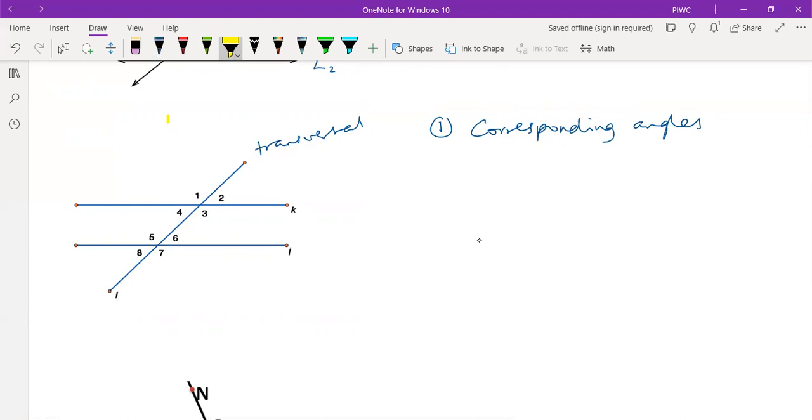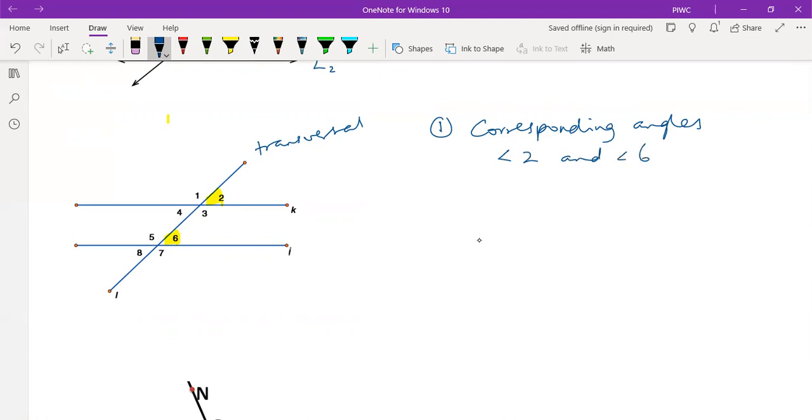If I take angle number 2, and if you look at angle 6, they're in similar positions. So we refer to them as corresponding angles, all right? So let's give an example, angles 2 and 6, corresponding angles.